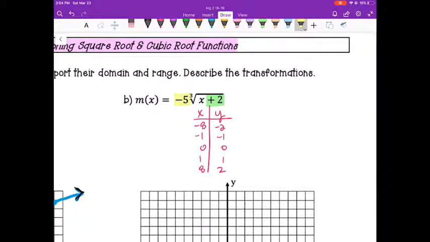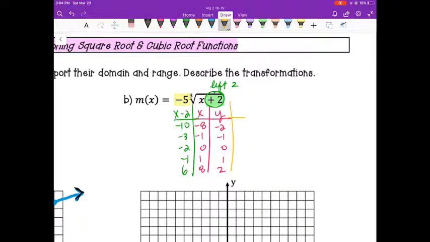It doesn't matter which order we do these in, since of our transformations, one applies to x, one applies to y. So I'm going to go ahead and do that x plus 2, but notice that this is going to cause my graph to move to the left 2. So I need to take each x coordinate and subtract 2. So that gives me -10, -3, -2, -1, and 6 for each of my x coordinates.